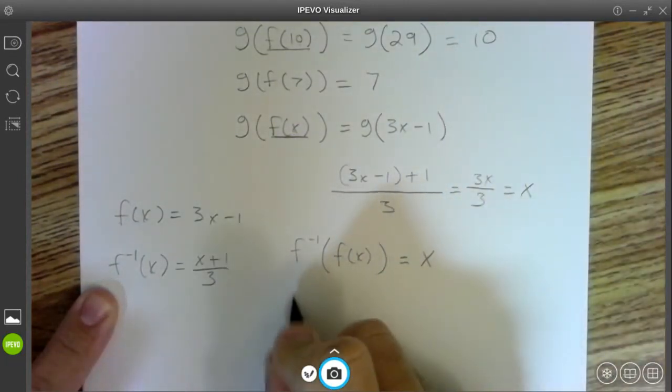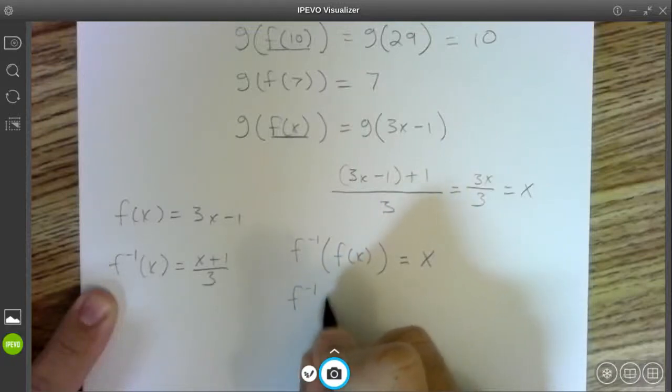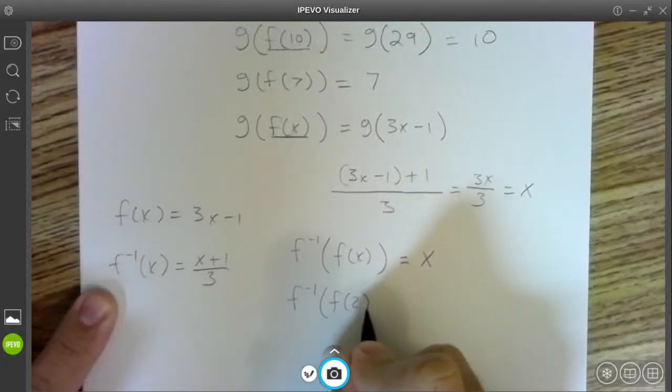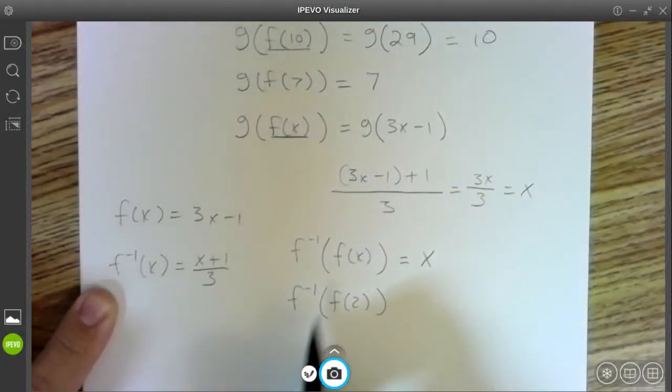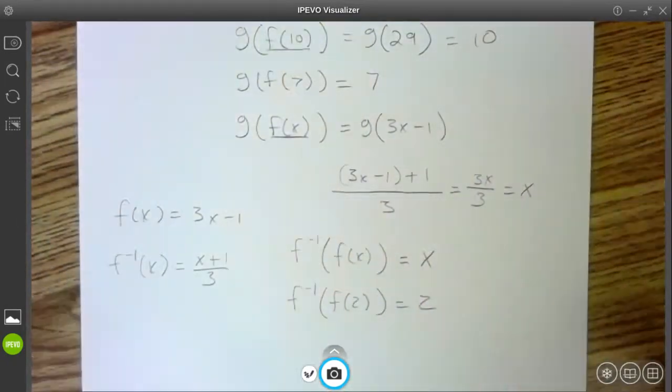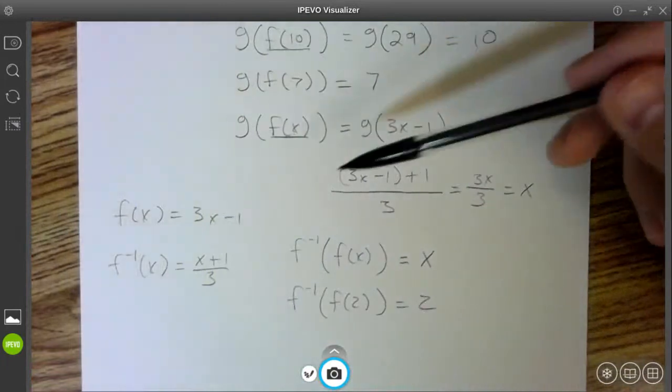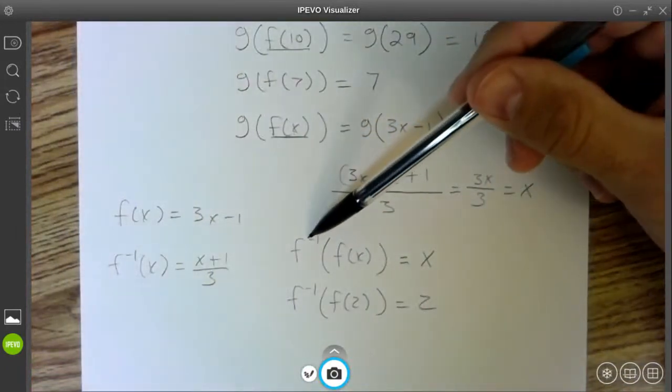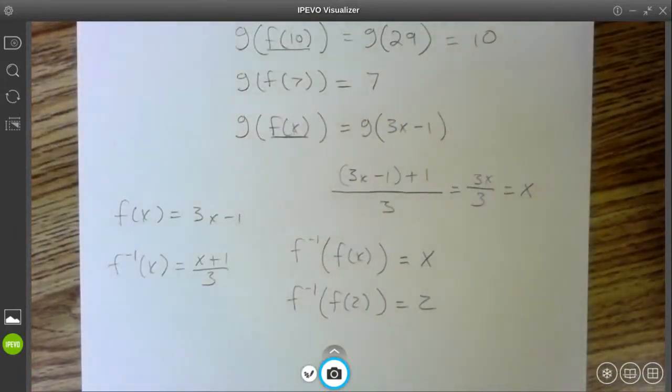Okay. So if you ever see something like f inverse of f of 2, well, these two are just going to cancel each other out, and you're going to be left with 2. And I know I've been writing it as the inverse of f of x, but it holds true the other way.